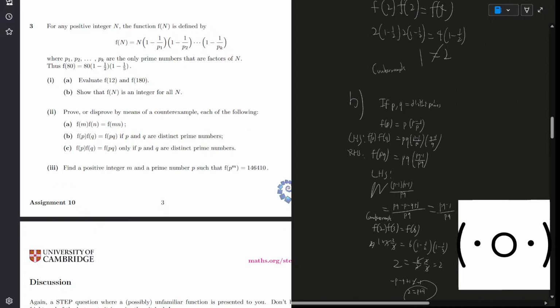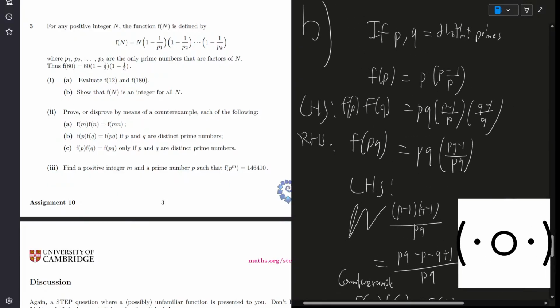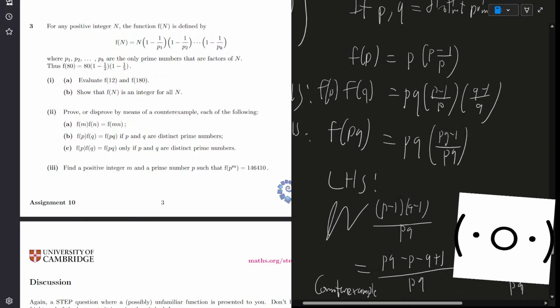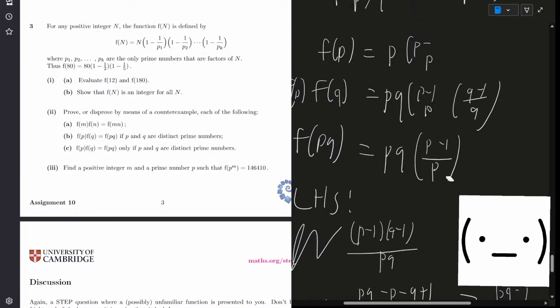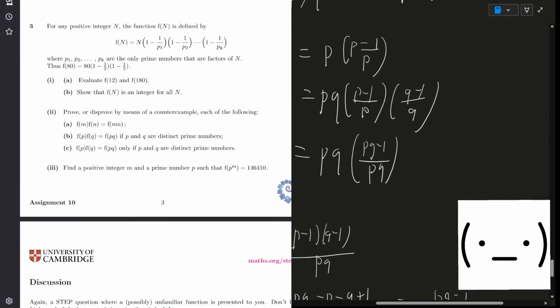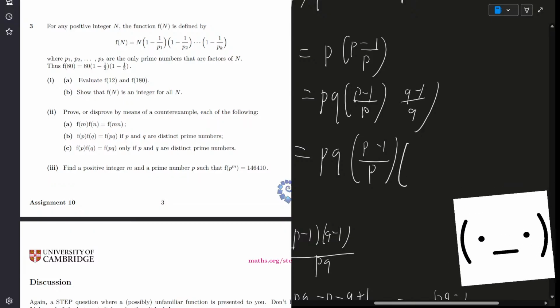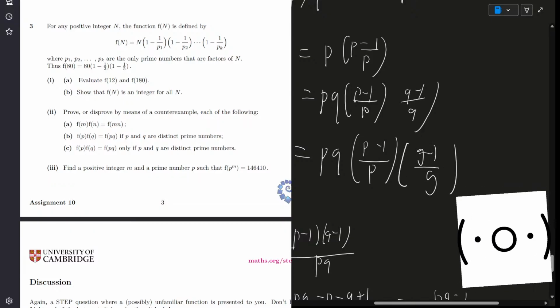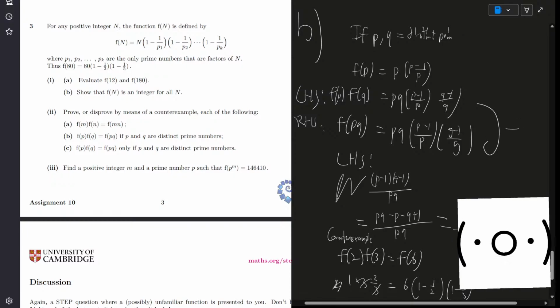I'll genuinely be damned. Okay, no. So something's gone wrong here, right? Oh, I see what I've done. I'm a complete molly. That's what I've done. Right, this. These two are very clearly equivalent.